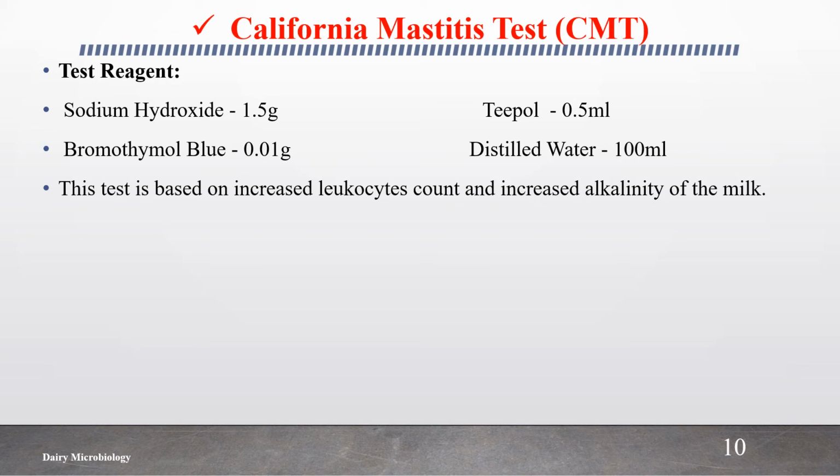This test is based on the presence of an increased number of leukocytes and increased alkalinity of the milk sample. This is because of the udder infection, which includes the presence of leukocytes and increased content of basic salts, that is, an increase in pH.